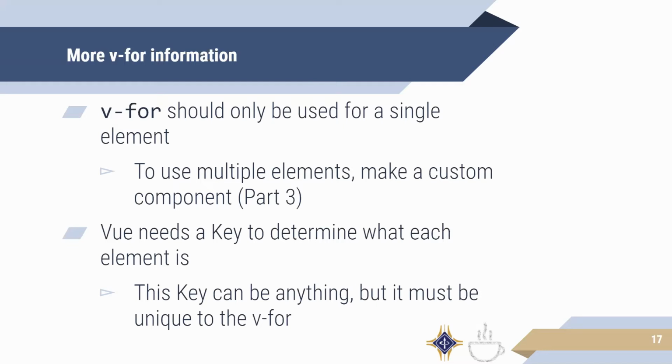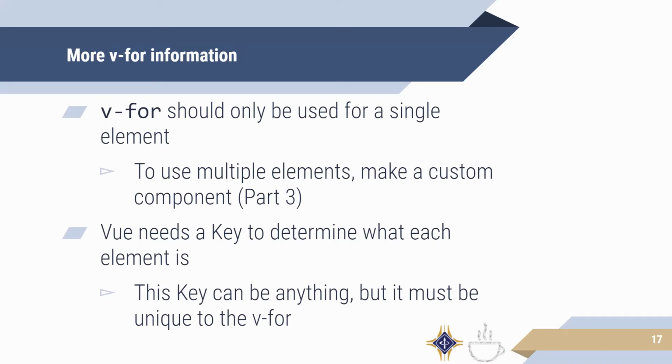And finally, we need a key. So if you remember that very basic example, we just had the V4 and then the syntax for the V4. And if you remember back to week 3, the very first slide, we talked about Vue, we mentioned how it's a computer algorithm and it can make changes a heck of a lot better than humans can. For that reason, Vue needs a key.